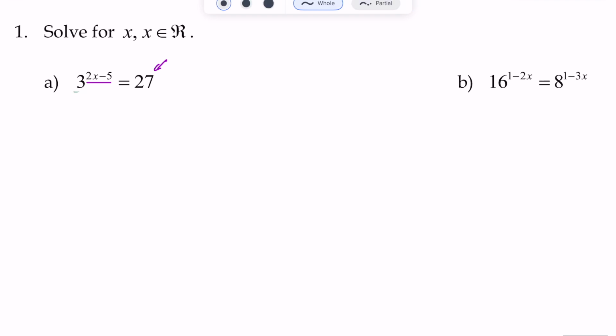Why you're equating the exponents is because the unknown is in the exponent. That's how we have to set up this problem, right? When you're solving for the unknown in the exponent, you have to make equivalent bases. So turn that 27 into a base of 3 in order to do this. So 27, well, that is the same thing as saying 3 to the power of 3.